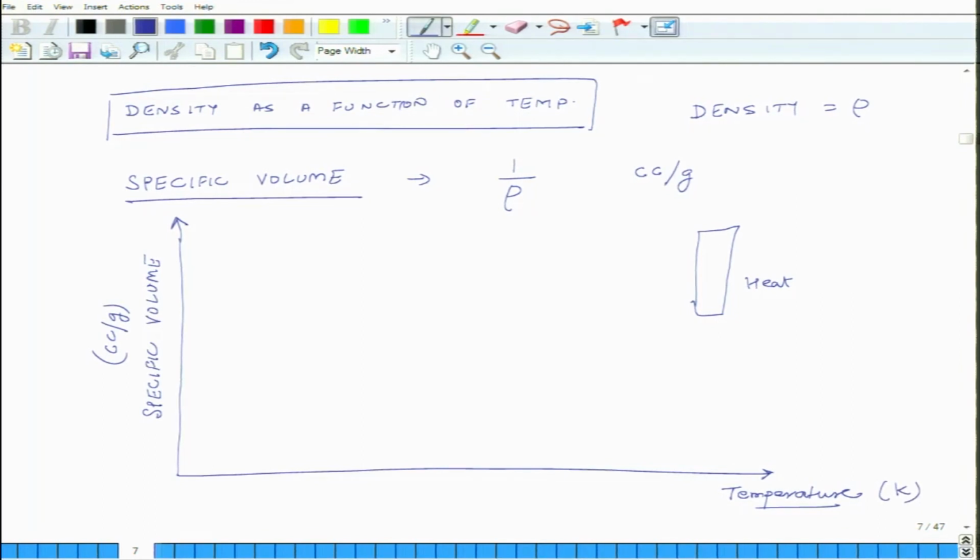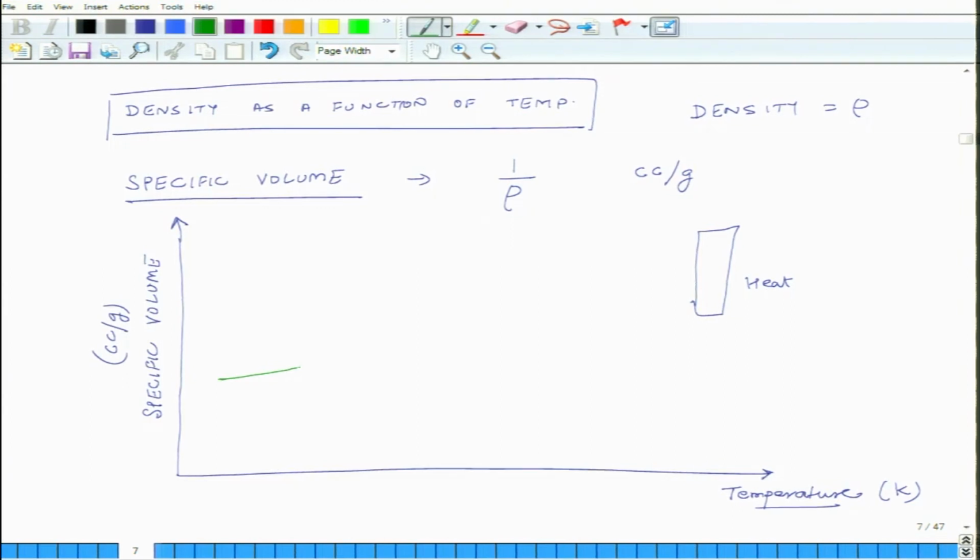Okay. So first we will look at the behavior of an amorphous thermoplastic. If I heat it, what happens? It will slowly expand. So it has a positive slope, but that slope is not very large.